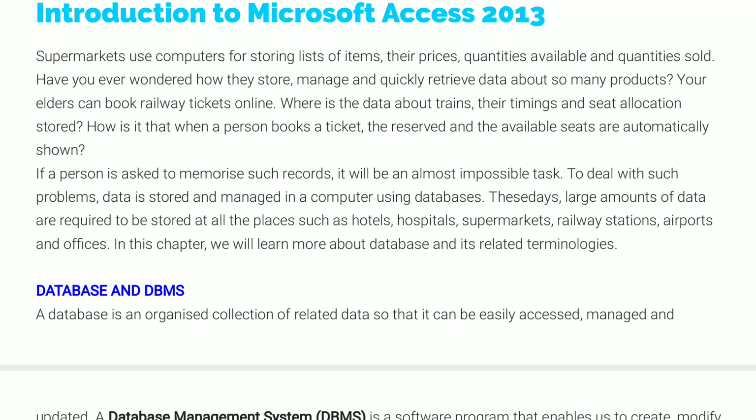There is no magic. All this information must have been stored somewhere from which it is brought to us. This information is stored in the database of that IRCTC platform.